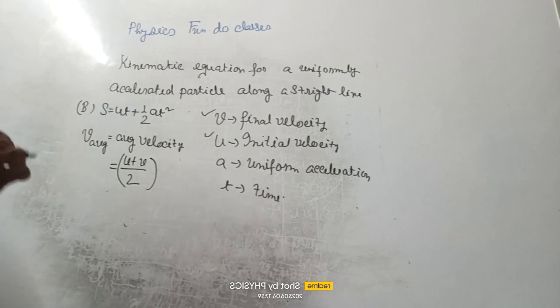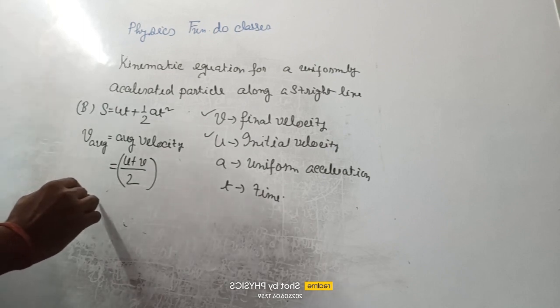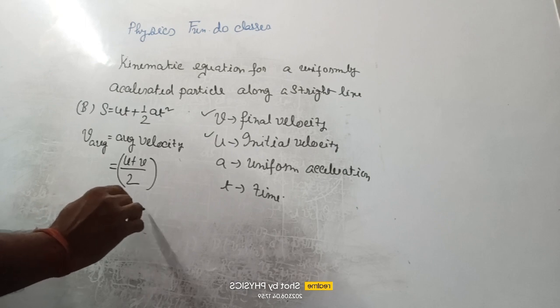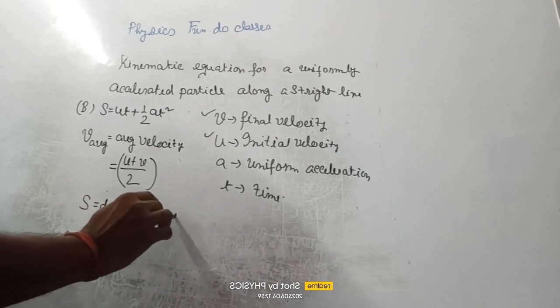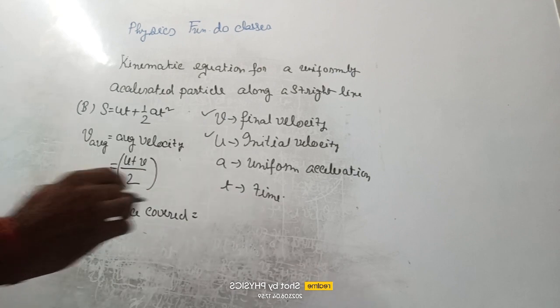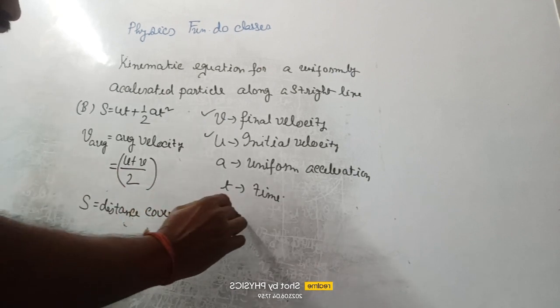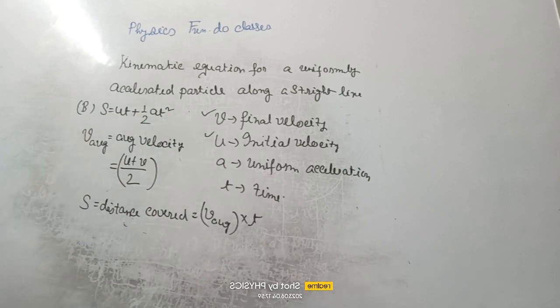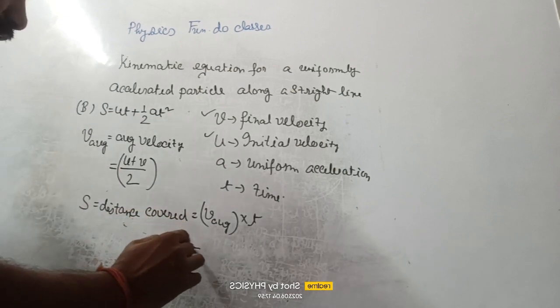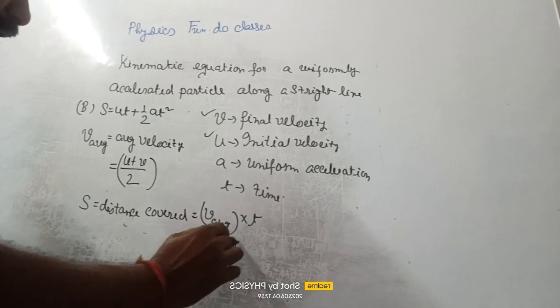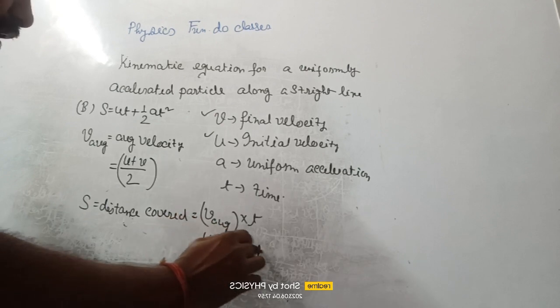Now the distance covered, s, is equal to v average into time taken. Now v average is u plus v by 2, into t.